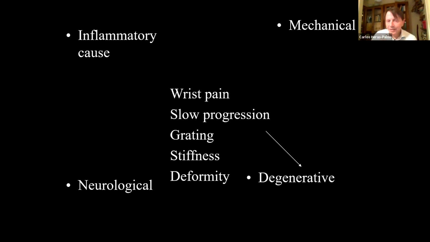And then if they had the pain for quite a while, but they didn't do anything about it, progressing slowly, grating, stiffness, deformity, that's degenerative usually. But bear in mind that avascular necrosis sometimes presents like that. Somebody who's lost movement, particularly lost passive flexion, without a clear history of trauma, always wonder if they've had an avascular necrosis like Kienböck's or, rarely, Preiser disease.